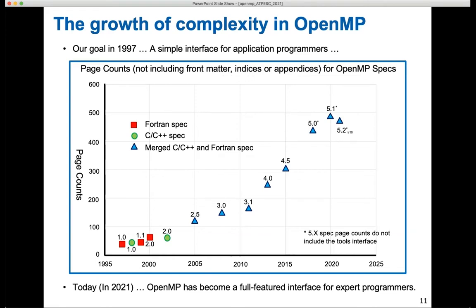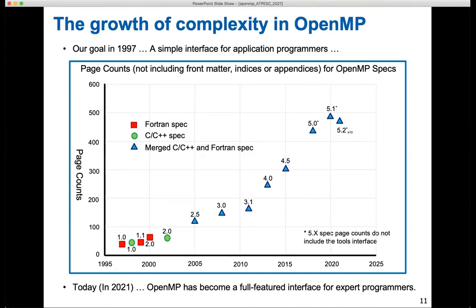You can see that when we started, we were around 40 pages, and now we got up to over 500, well, around 500 pages. Fortunately, the latest version, which should be coming out this November, has come down in the page count. But the thing is, everything was about simplicity when we started. Everything was, we've got to make this easy. And right now, if you think about the whole spec, it's become this complex thing just for experts.